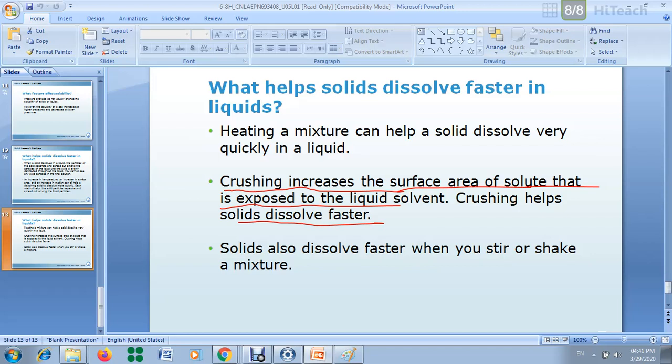So when they move faster, the solid particles have the ability to spread faster through the water particles, so they will dissolve faster. Solids also dissolve faster when you stir or shake a mixture. So these are the three factors that make the solid dissolve faster.